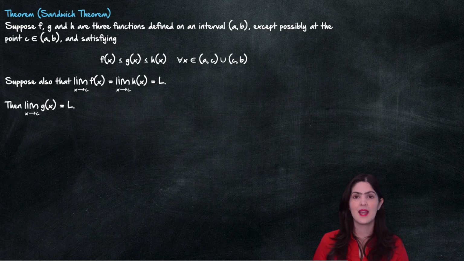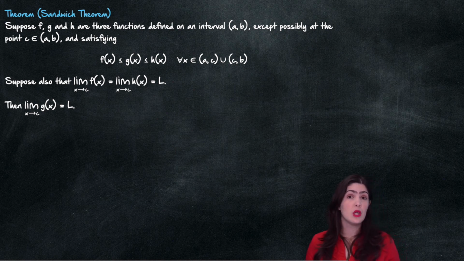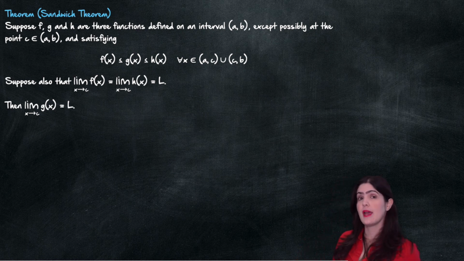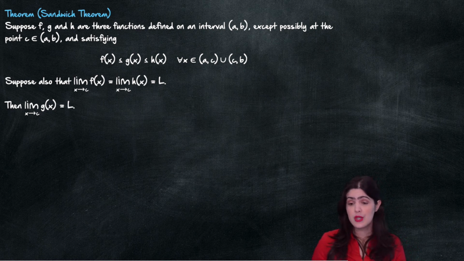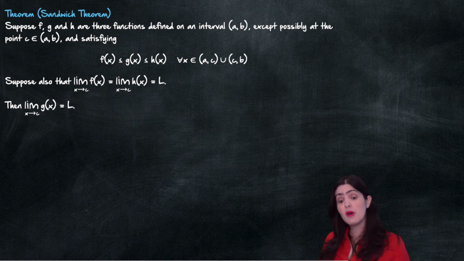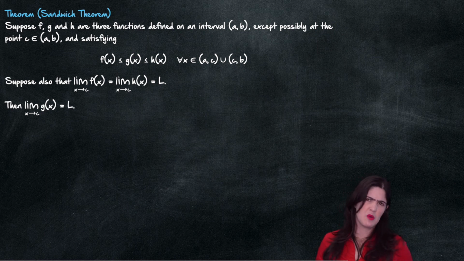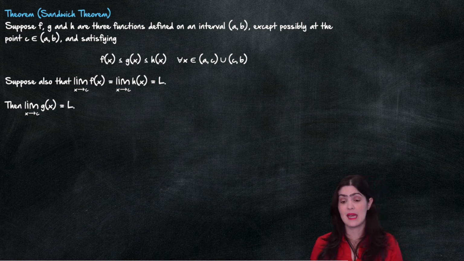We also have the squeeze theorem for functions, and we will see that again we can prove this using what we already know for sequences. So we're going to assume that we have three functions, f, g, and h, defined on an interval (a, b) except possibly at the point c, and satisfying that f of x is less than or equal to g of x less than or equal to h of x for all x in the interval (a, b), except possibly at c, because remember, we don't care what happens at c.